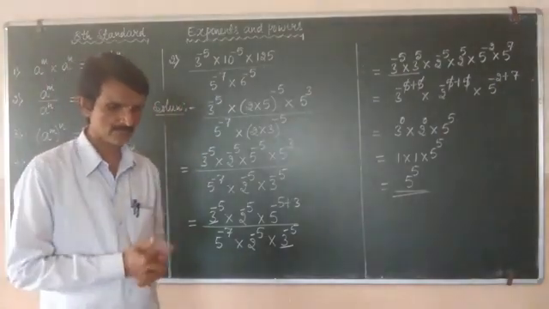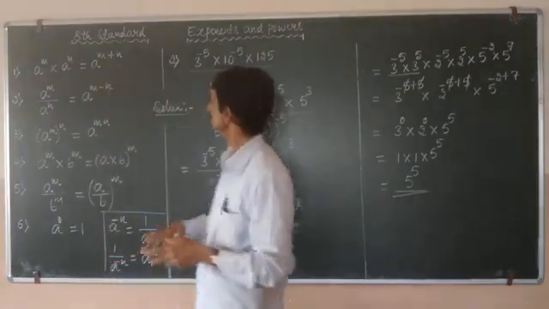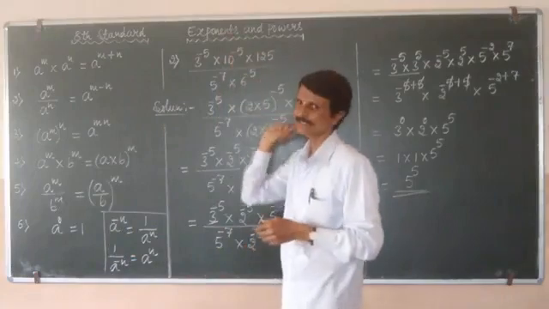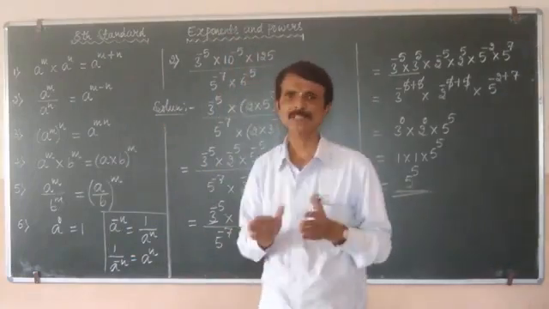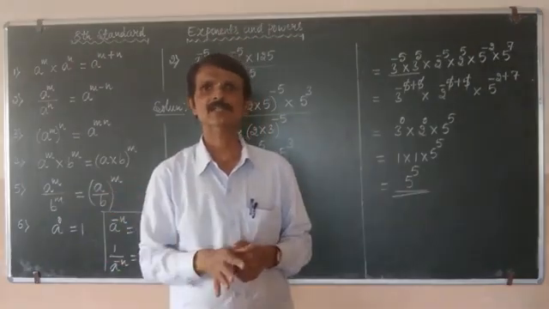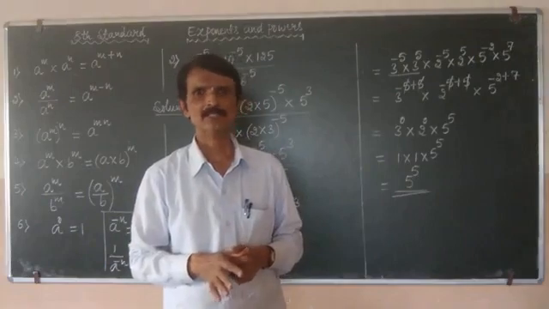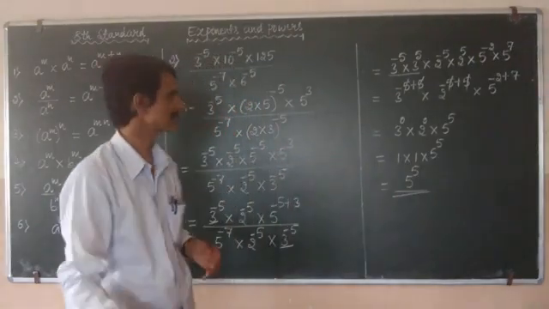Now we will move on to the next one. Not only for writing larger numbers, these exponents and powers can be used to write smaller numbers. Now we shall see how to write the smaller numbers.